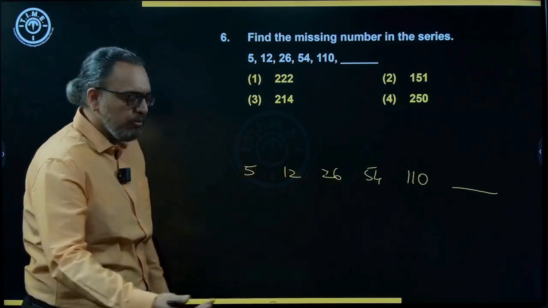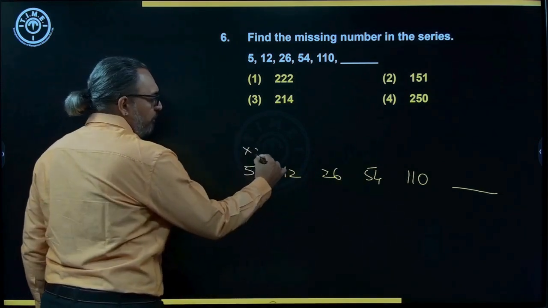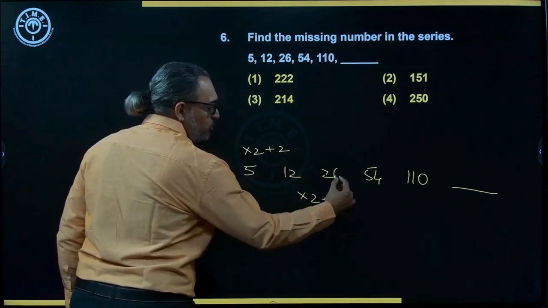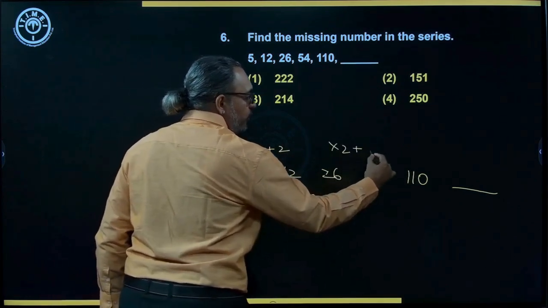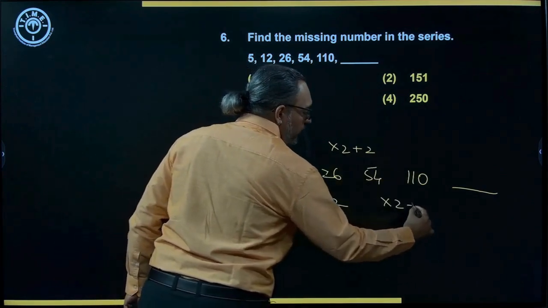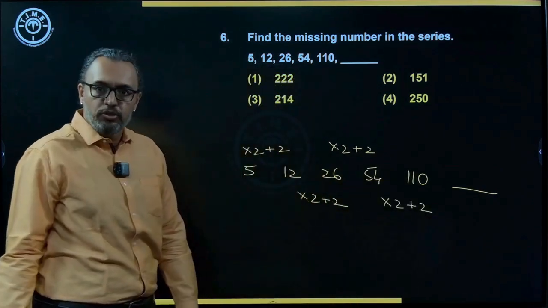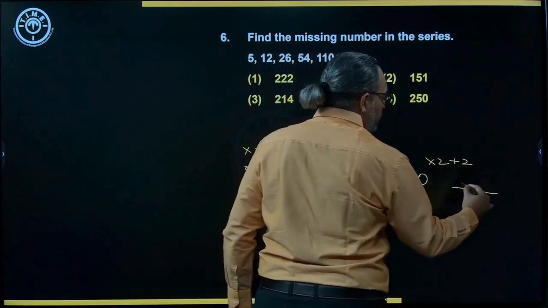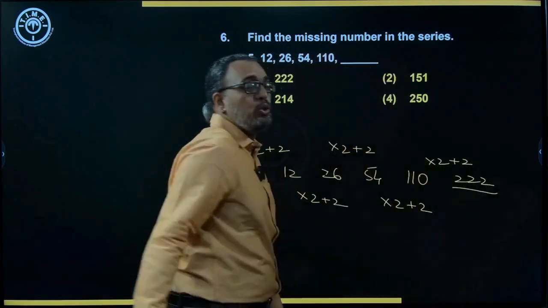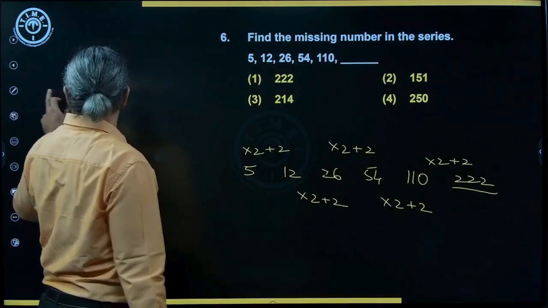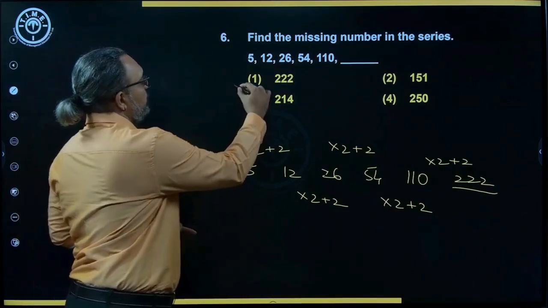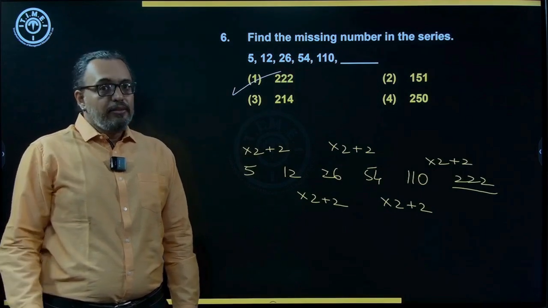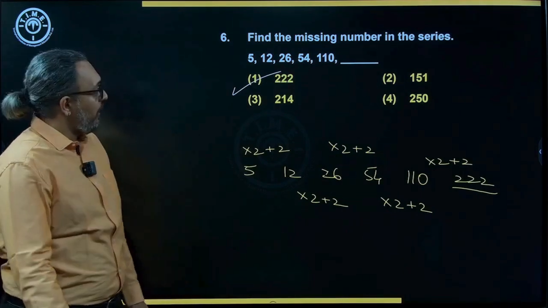So we can do 5 into 2 plus 2, 10 plus 2, 12. 12 into 2, 24 plus 2, 26. 26 into 2, 52 plus 2, 54. Again into 2 plus 2, 108 plus 2, 110. The same thing we do: 110 into 2, 220 plus 2 gives you 222. And that is what we pick, choice 1.